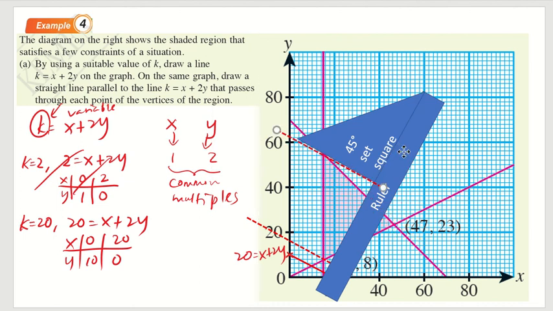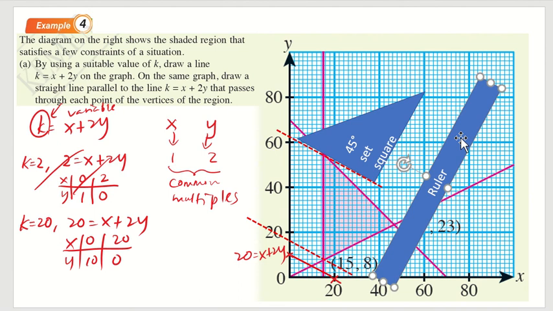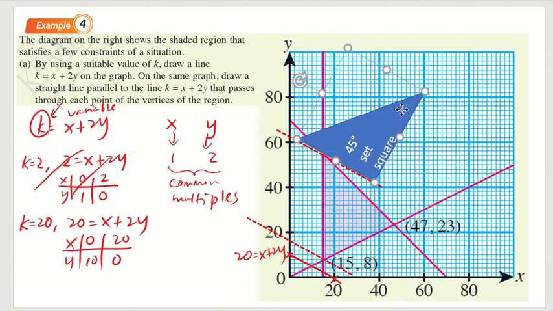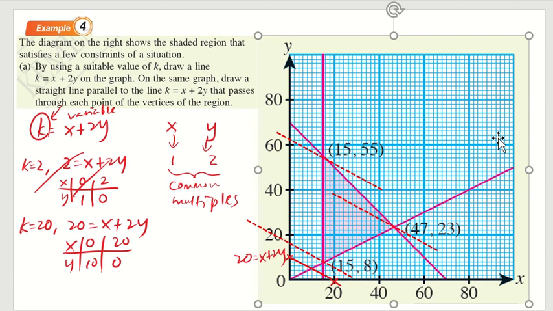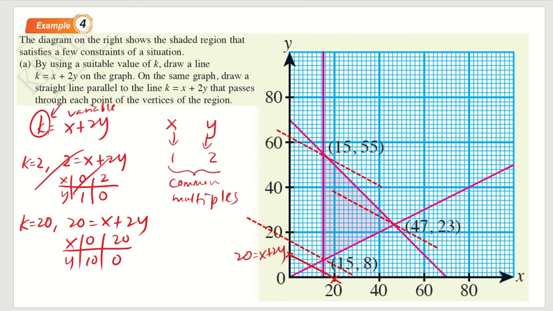So you will have three lines: the first, second, and third. So now we have three parallel lines.